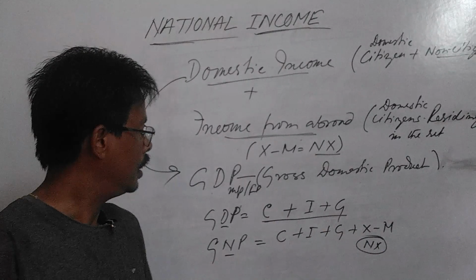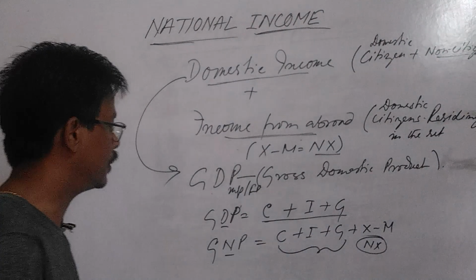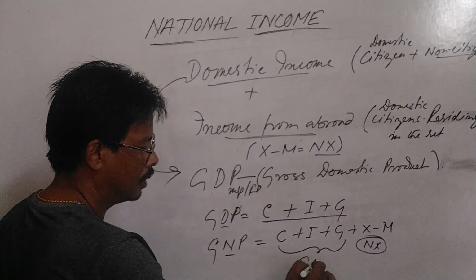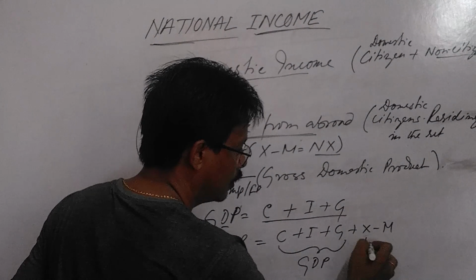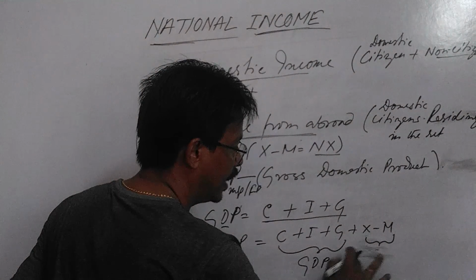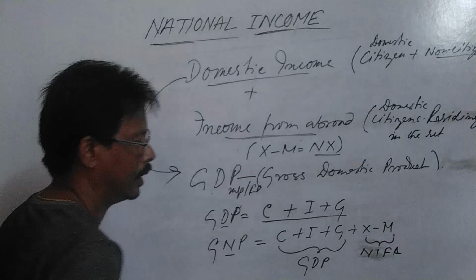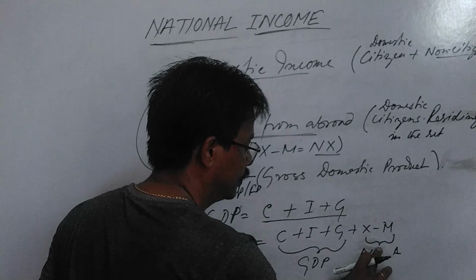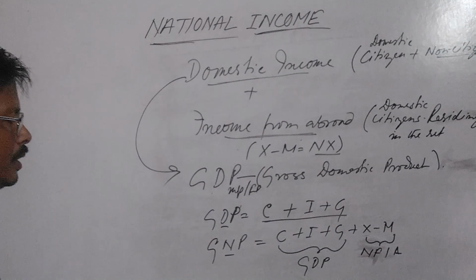This means these three terms or three accounts give us the gross domestic product, and this account will give us the foreign income, or you may say net income from abroad, net factor income. It is used like this: net factor income from abroad.